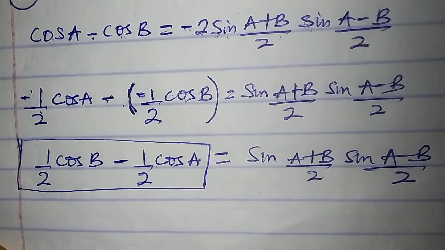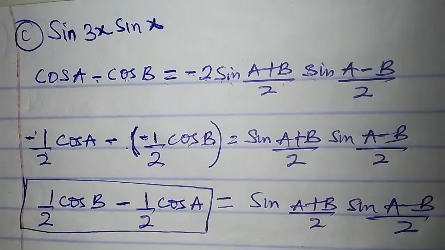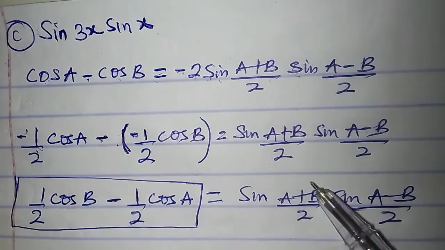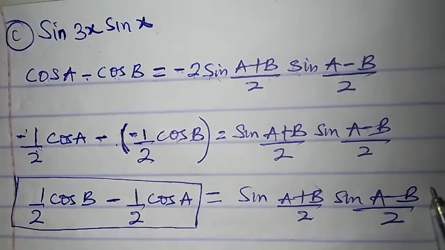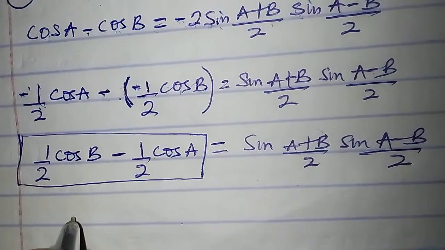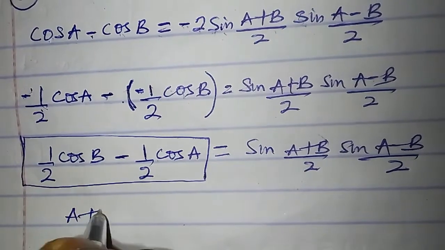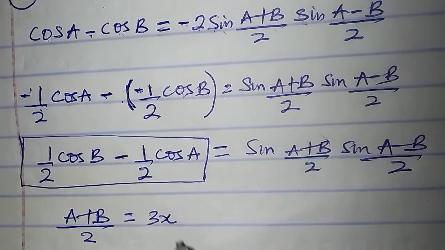What we need to do now is to look for the values of a and b. Good. So we have sine 3x sine x. Set a plus b all over 2 equal to 3x and set a minus b over 2 equal to x. Doing that, a plus b all over 2 is equal to 3x.